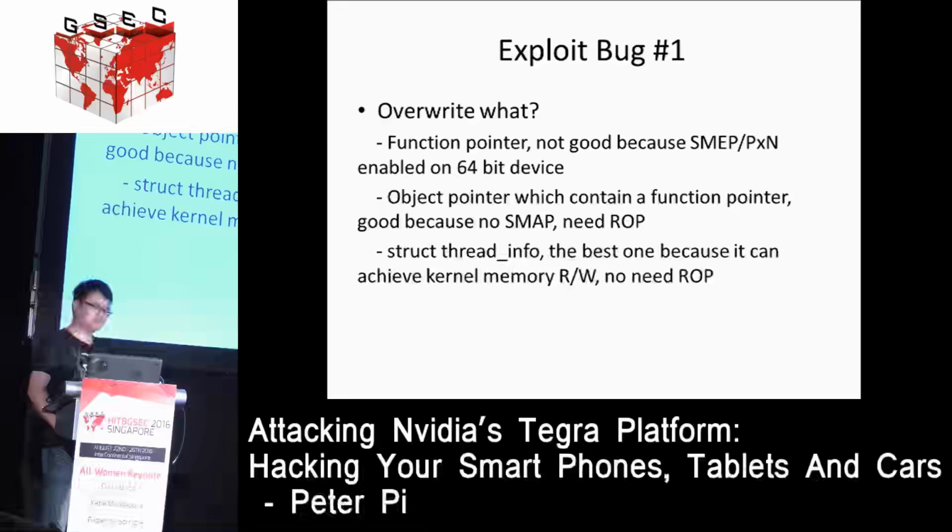The second choice is to overwrite an object pointer. This object contains a function pointer. This choice is good because SMAP is not enabled even on a 64-bit Nexus device.